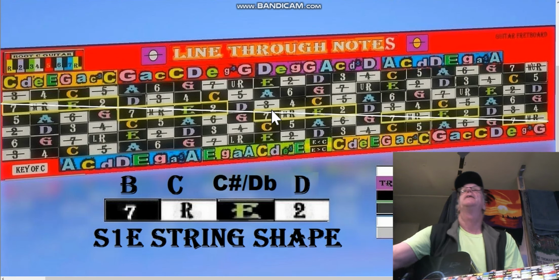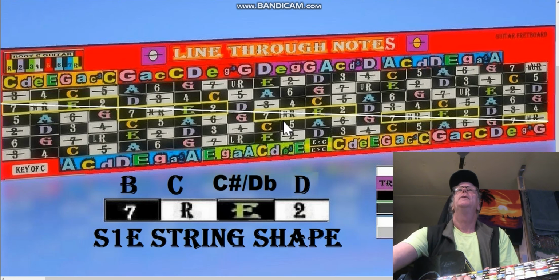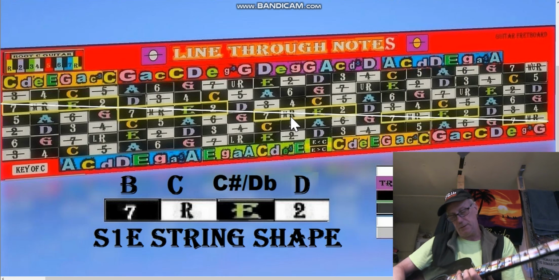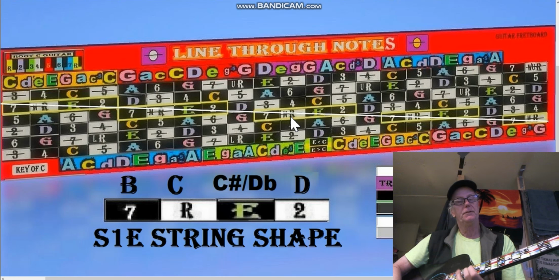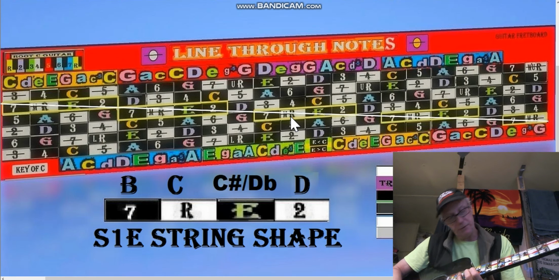Now, down in that D box there, we have a middle C right here. This is middle C on my guitar because I'm down tuned. But that middle C would have a line through it.